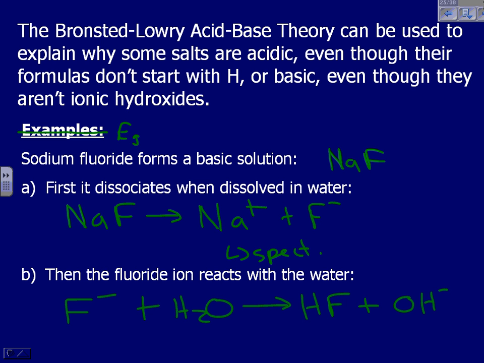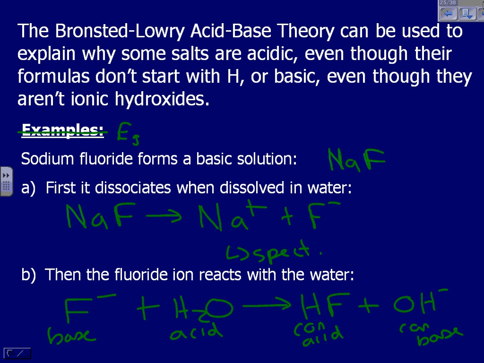Let's put our designations underneath them. What was the F behaving as? Connor, you got an idea there? The base. You bet. Base, acid, conjugate acid, conjugate base.